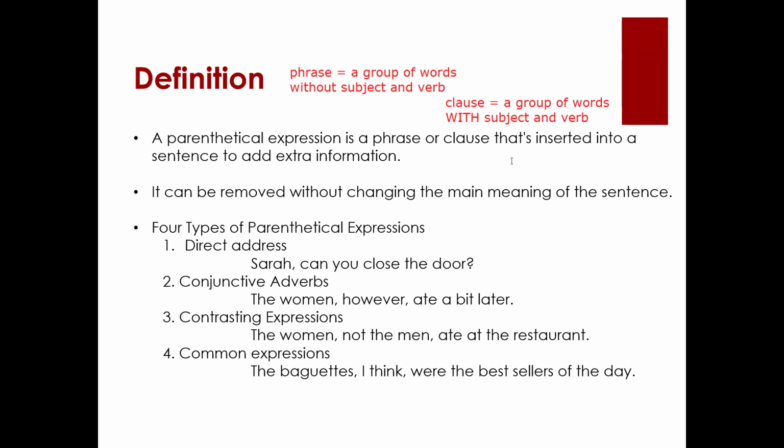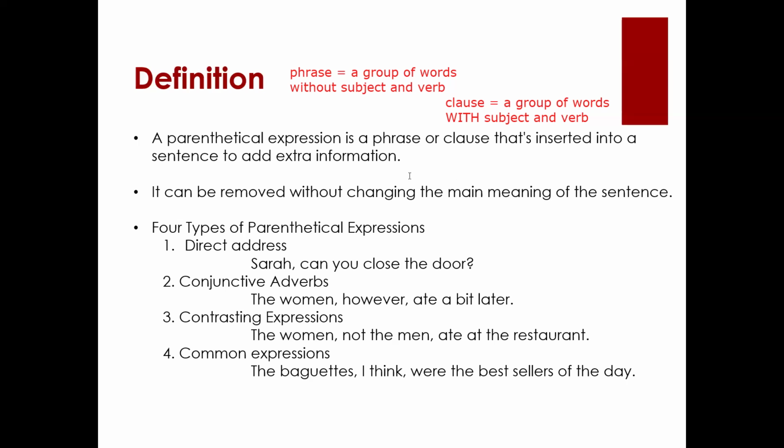So now, knowing that this parenthetical expression or non-essential information can be removed without changing the main meaning of the sentence, we also need to know that they are always enclosed by commas. Okay, so you can think of the commas as the boundaries. Whatever comes within those commas can be taken out, and you would still have a complete sentence.